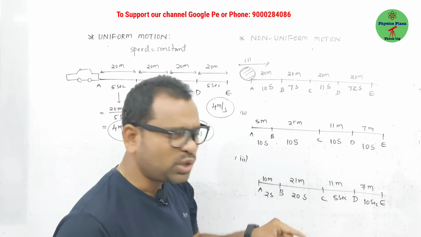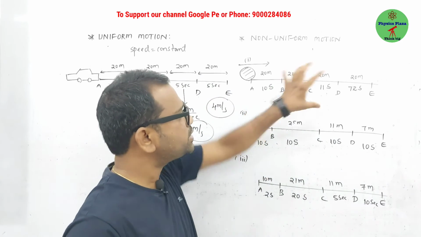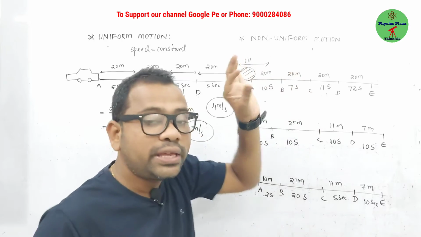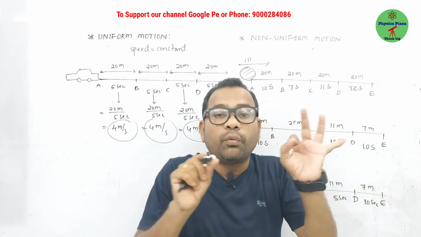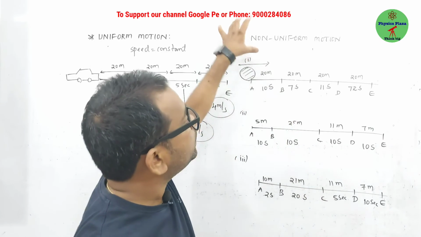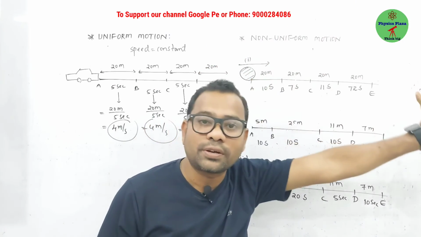In these three cases, children, if I am not wrong, in the textbook they give only one example, and only the first definition is given. But in these three cases, the body is said to be moving with a variable speed, non-uniform speed, or said to have non-uniform motion.